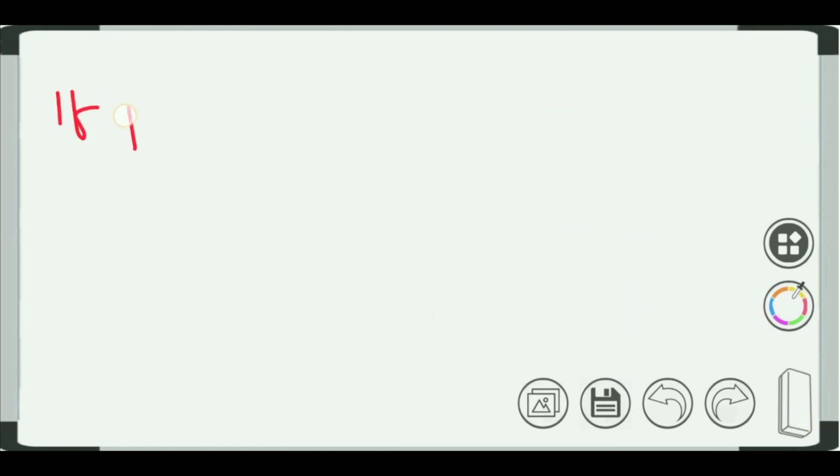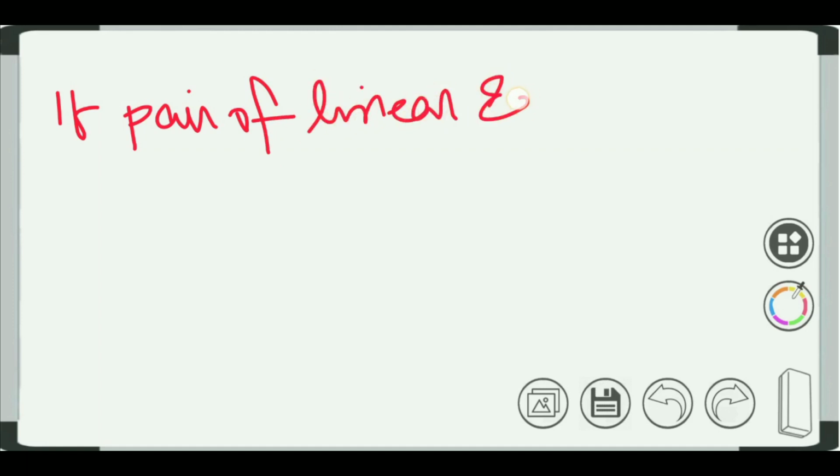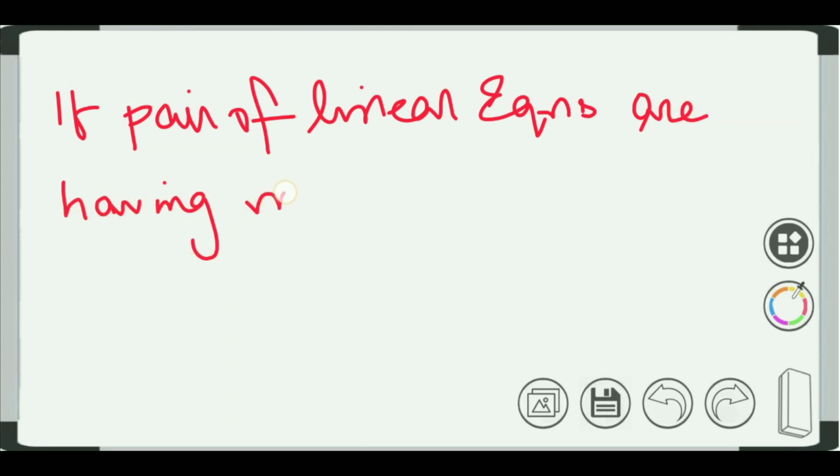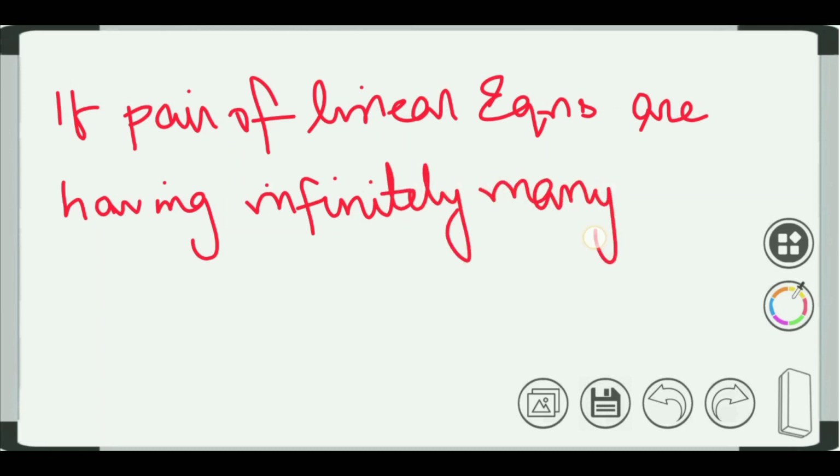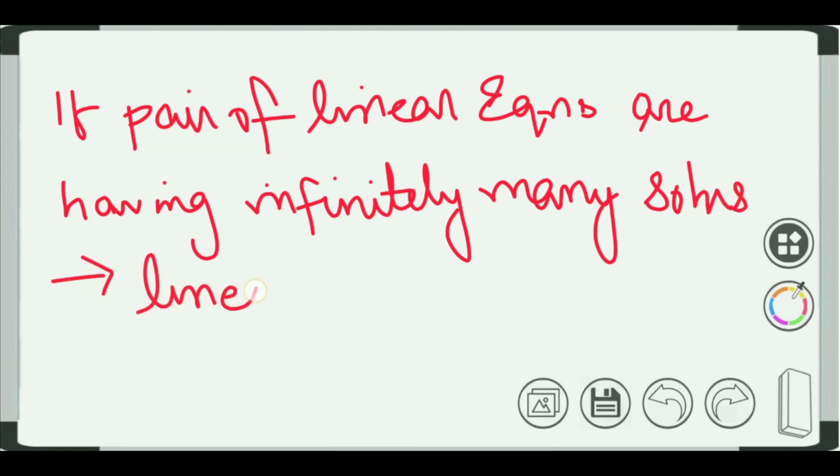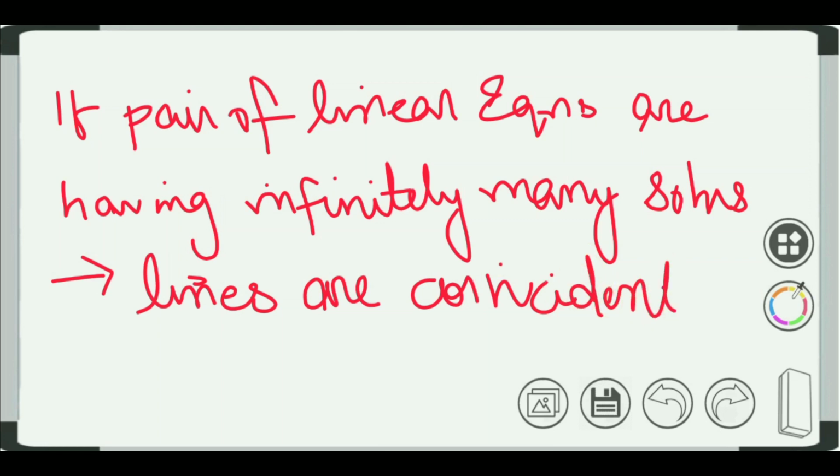If the pair of linear equations are having infinitely many solutions, then the lines are coincident. Okay, this is the conclusion for the second one. The pairs of equations given in the question have infinitely many solutions and the lines are coincident.